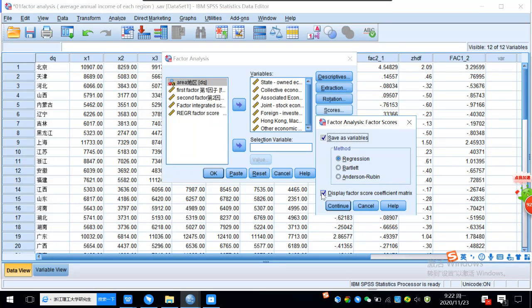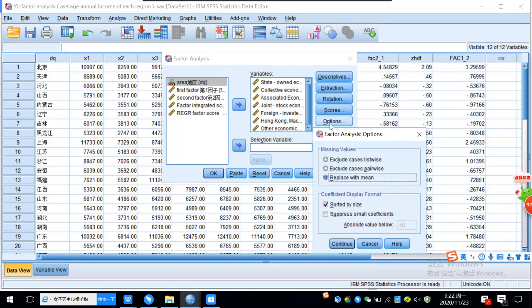Okay, and display: select display factor score coefficient matrix. From these coefficients, you can write down the formula to calculate the factor. Continue.